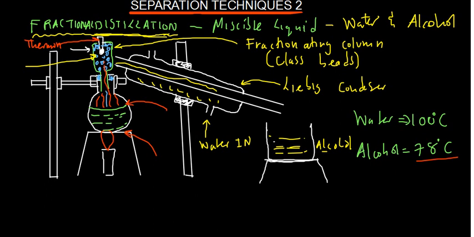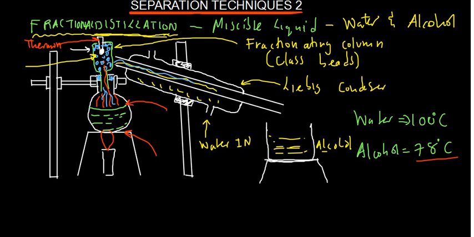Some water also will be evaporating. So the glass beads are there to prevent the water from going together with the alcohol. So the water which evaporated is going to be prevented from condensing together with the alcohol. What is going to prevent are the glass beads which are found in the fractionating column.